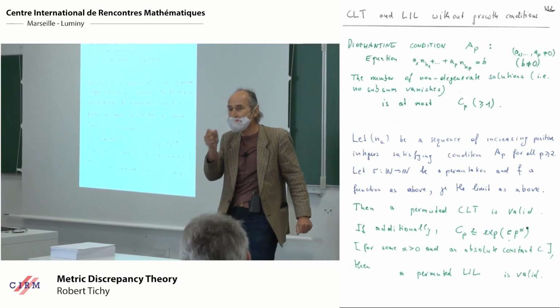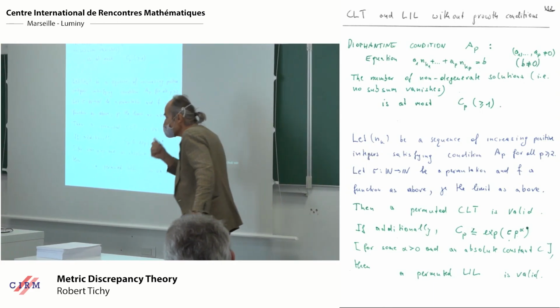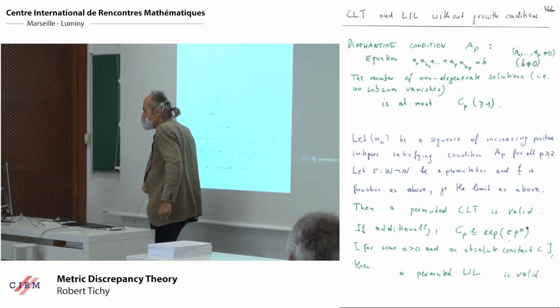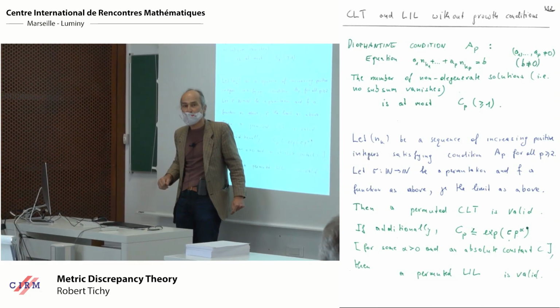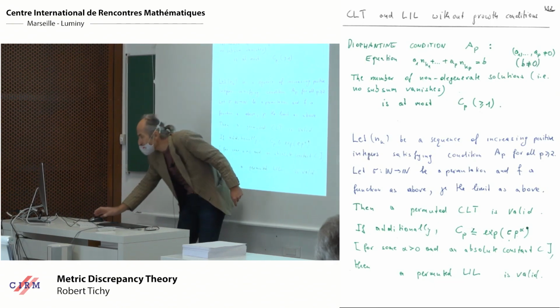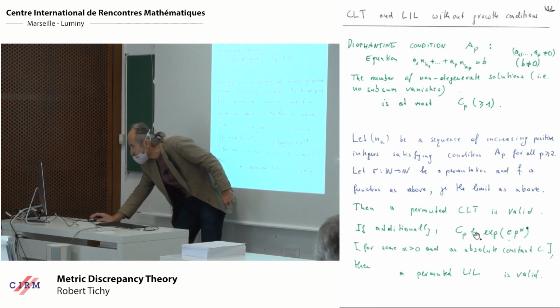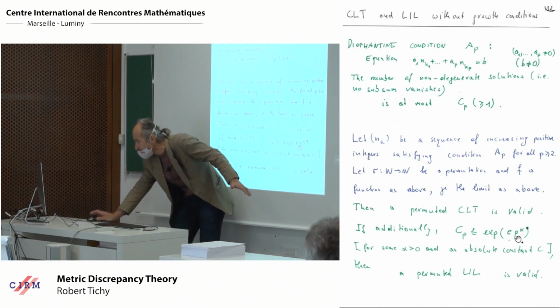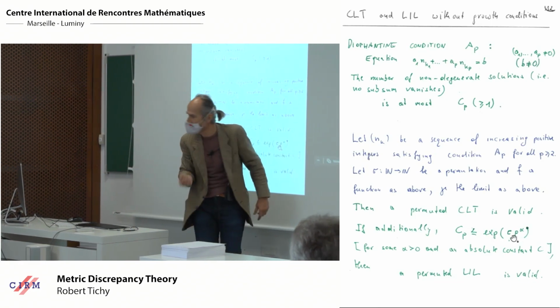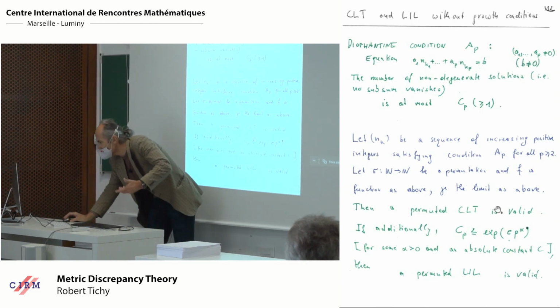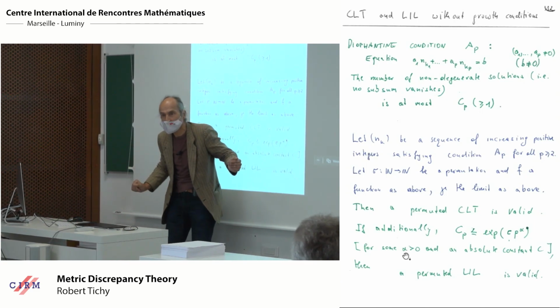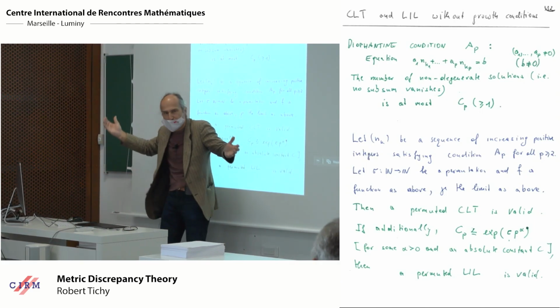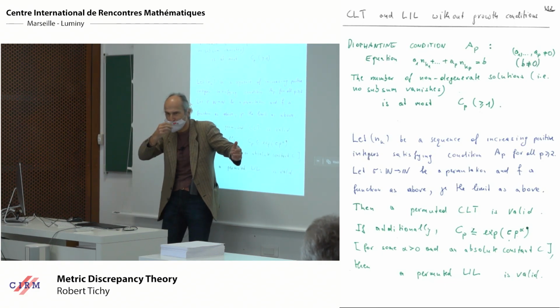And if we know a little bit more on the Diophantine condition, then we also know a law of the iterated logarithm. And a little bit more is an upper bound for the constants. And the upper bound is just an exponential of p to the alpha with some alpha, which is double exponential, but not triple exponential.